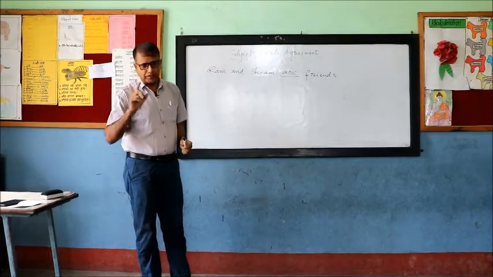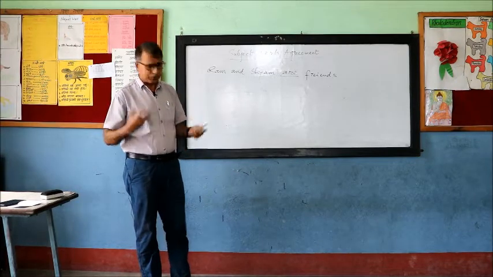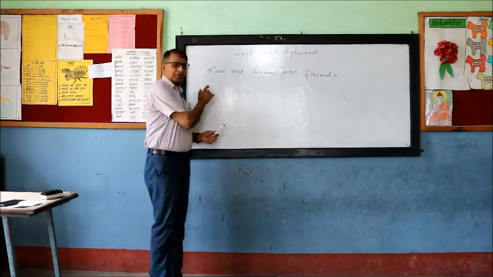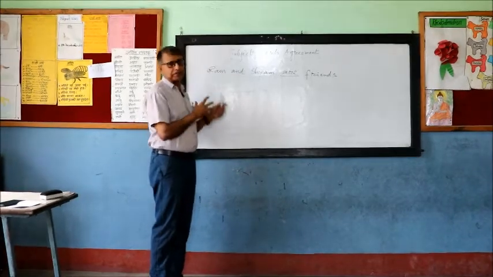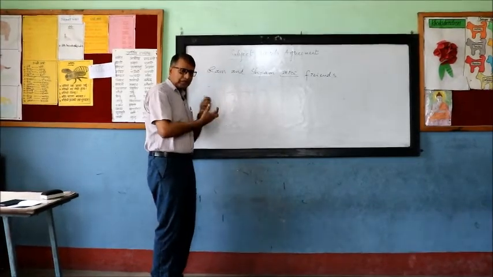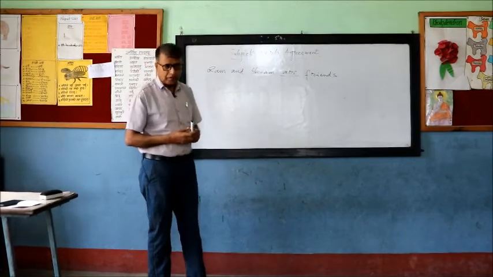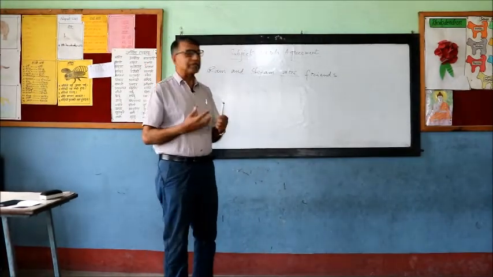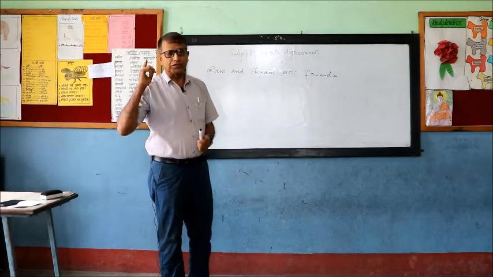But there are some exceptions if there are two singular subjects in a sentence. If they are considered as a whole, if they are considered as one, then we use singular verb.